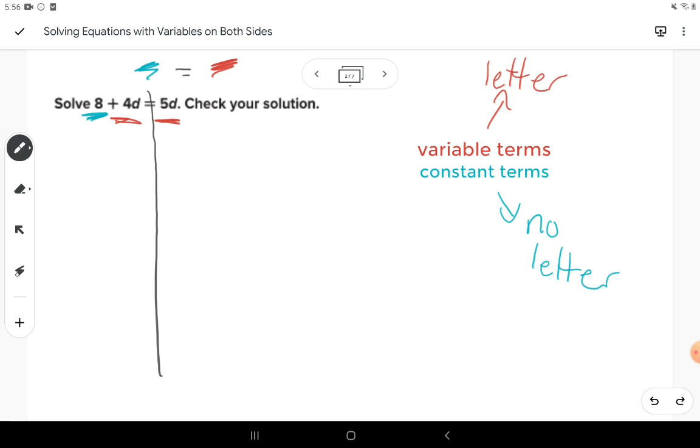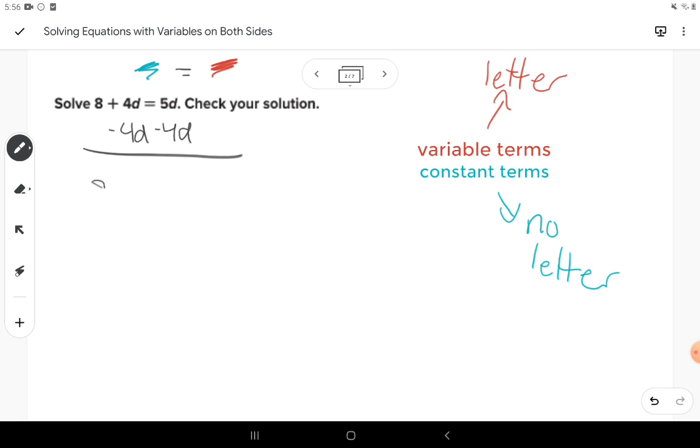So to do that, I'm going to subtract 4D from both sides.